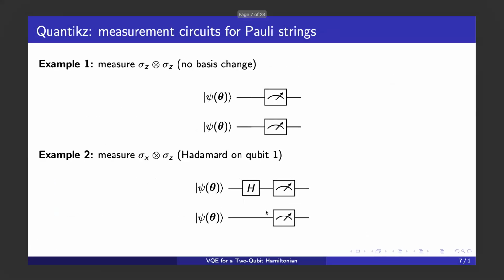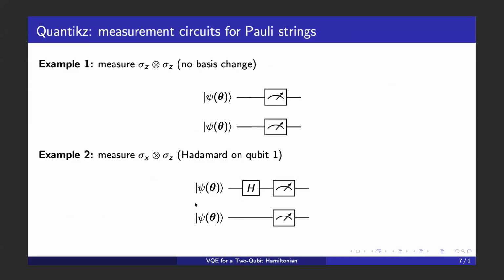So that means the following. When we have the ansatz, which is what we are looking at, you would need to perform a Hadamard on the first qubit if you have a sigma X here and sigma Z. This symbol here is a measurement symbol.